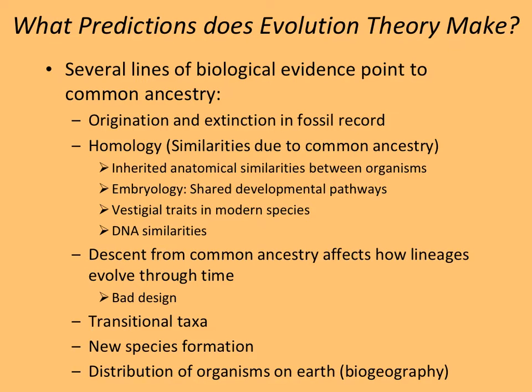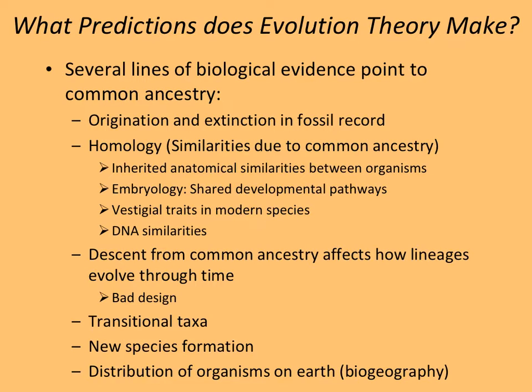There's something called homology. This is an important thing that we'll go over. These are traits that individuals have inherited from a common ancestor. Like all vertebrates have a vertebral column. That's a homology.